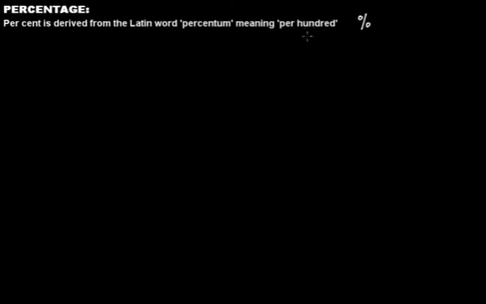So, let's understand this definition by a few examples. If our fractions are 1 over 100 and 2 over 100, then by the definition, percentage is per 100. So this is 1 per 100, that is 1 out of 100.